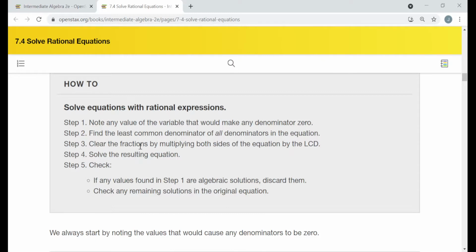And we're going to clear denominators away by multiplying both sides of the equation by the LCD. That should leave you with a polynomial equation, and you solve the resulting polynomial equation and check to see whether the solutions you found work in the original equation. You should always go back to the original statement to check your answers.